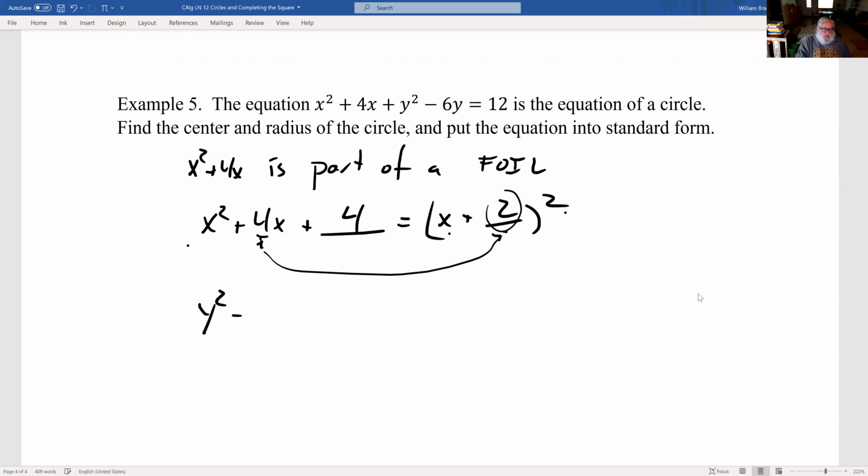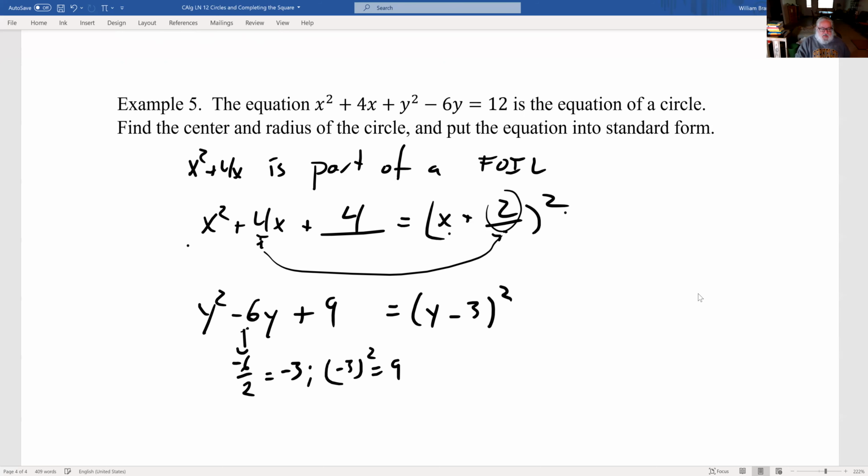Likewise, y squared minus 6y equals what? So there's a couple different ways to do this, to write this down. But what I'm going to do is to say that this minus 6y, half of that is minus 3. So I'm going to want a y minus 3 squared. And then my minus 3 squared equals 9.